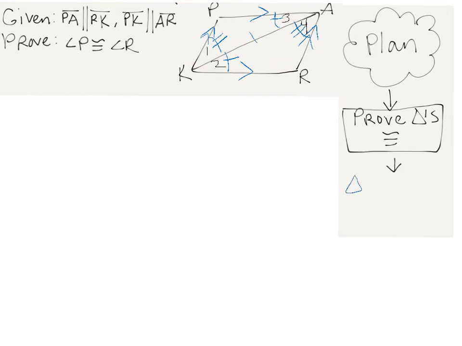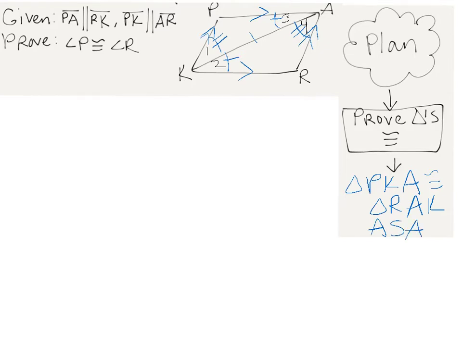I can show that triangle PKA, I'm going to go through the double angle to the single, is congruent to triangle RAK by angle, side, angle.